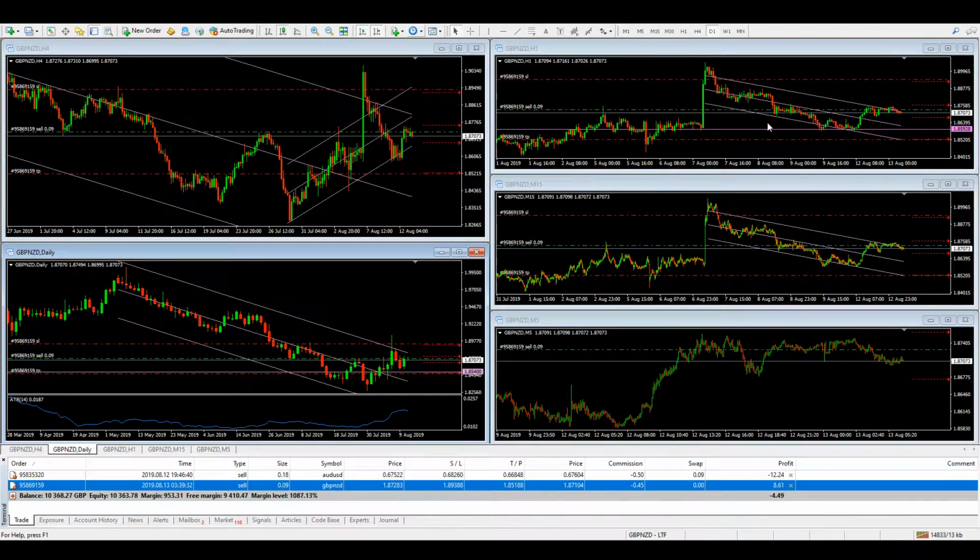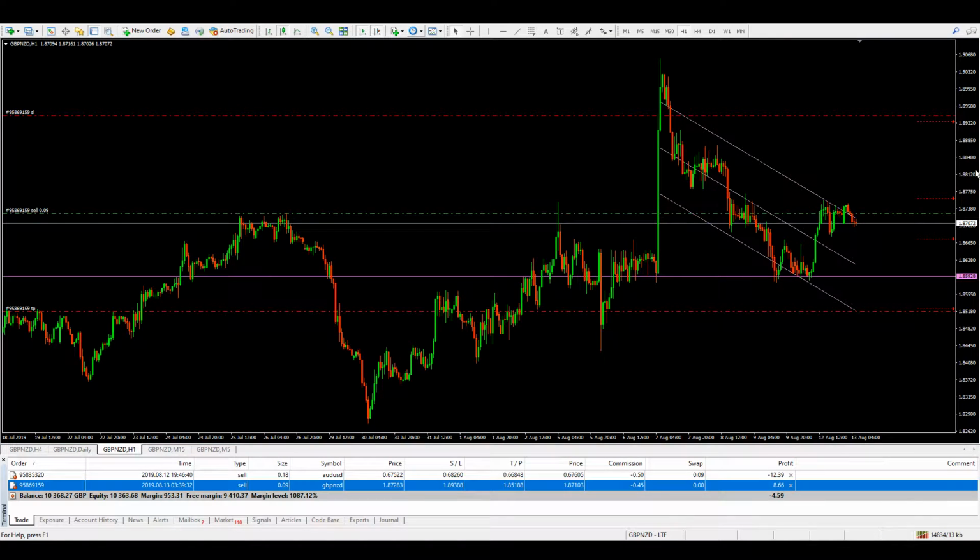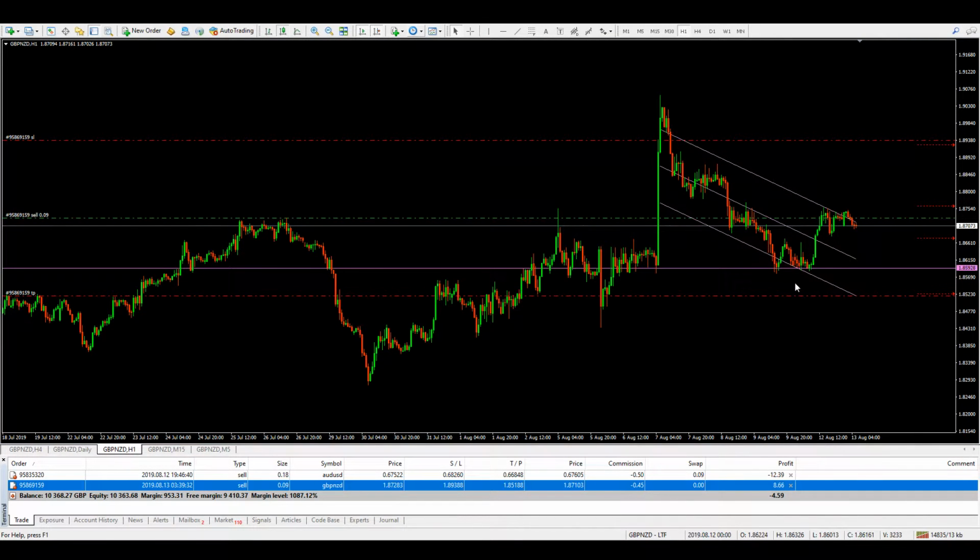So what I've done on this entry is use a different level for my stop loss, which is still giving enough wiggle room if the price does move adversely against me to move my stop back up to break even. So if these previous lower highs, we're looking at the hourly here, start to get taken out, then I would consider moving my stop to break even.